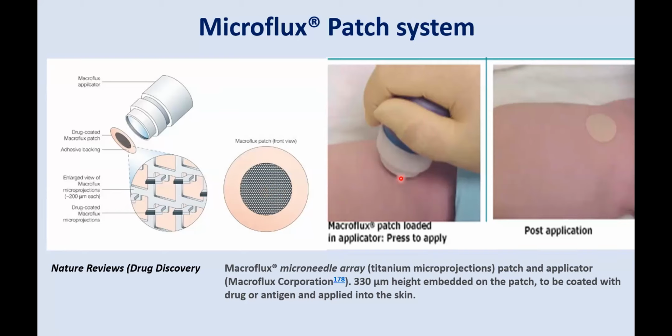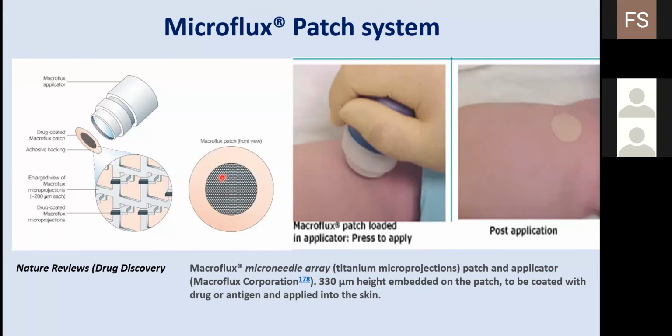You apply it onto the skin, and then you remove the applicator. The patch remains on the skin until all the contents coated on the microneedle are delivered into the skin. So this is one such solid metallic microneedle application that's been very successful, and people have been researching it more and more, and I think it's in clinical trials right now.